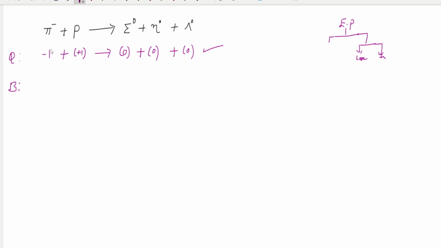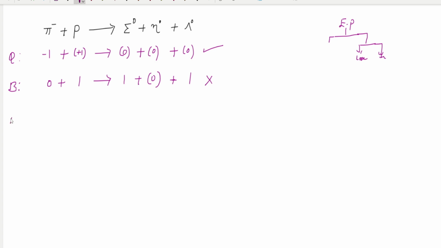So this is 0, this is not a baryon number. So 0 plus heavy particle baryon number is 1. So this is the baryon; the general baryon number has no bar on it. Plus this one is 0 because this one is in the muon category, right? Plus this one is 1. So therefore here the 1 and here the 2. So this reaction is violating conservation of baryon number.